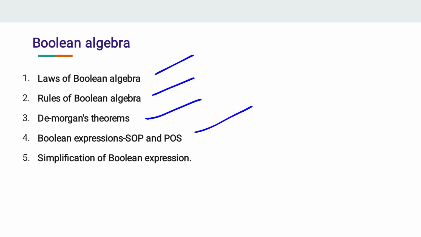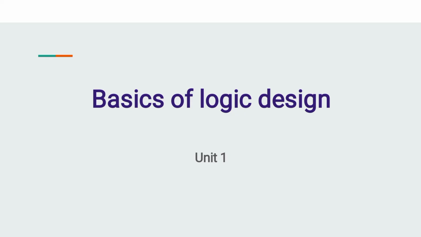At the last, simplification of Boolean expressions: refer to your notes, do the calculation. Is there any problem in solving the Boolean expression? Refer to the rules and laws used in Boolean algebra. So this completes the unit Basics of Logic Design.